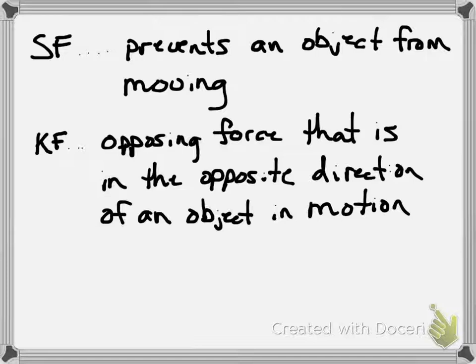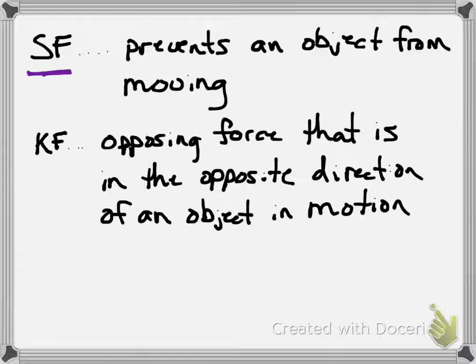Difference between static and kinetic friction. So SF, not San Francisco, but static friction. Static friction is what prevents an object from moving. Right? It's not starting friction, which is the amount of force required, or the friction that's present just to get the object going.